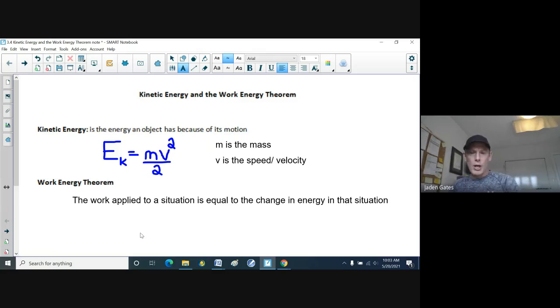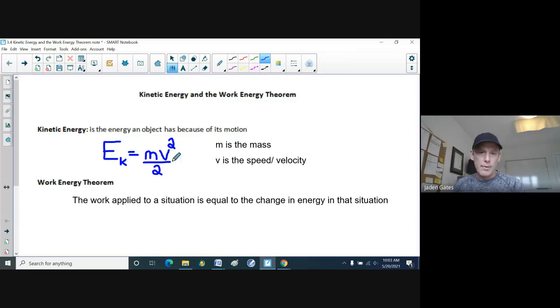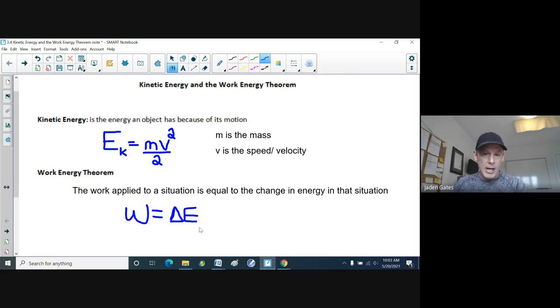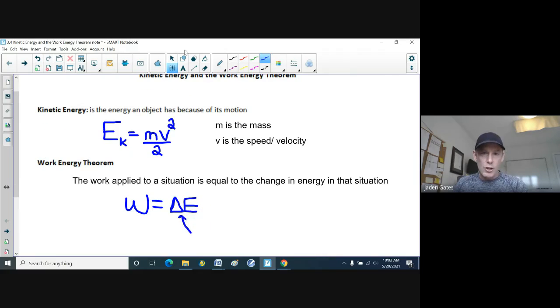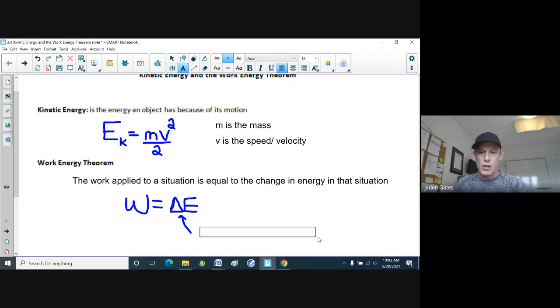In terms of a formula, work is going to be equal to your change in energy, whether it's kinetic energy or any type of energy, really. So that's delta E. Delta means change, so this is referring to a change in energy.